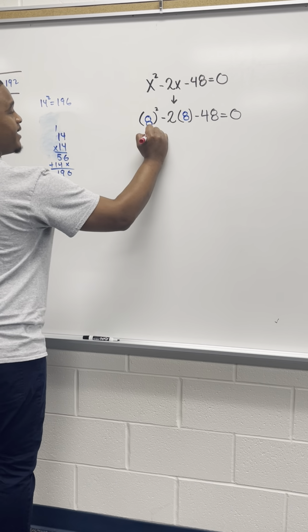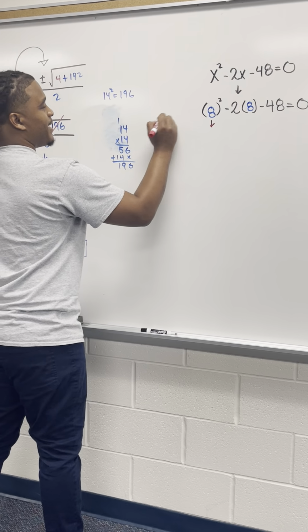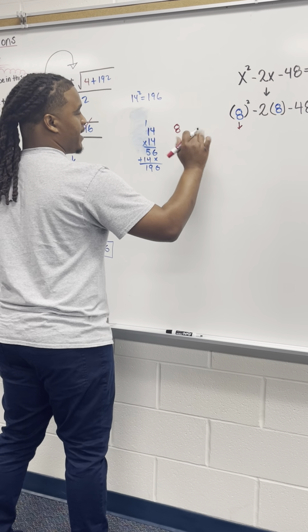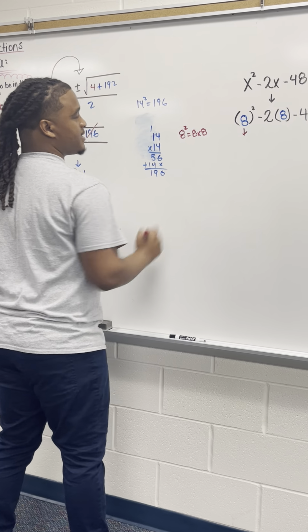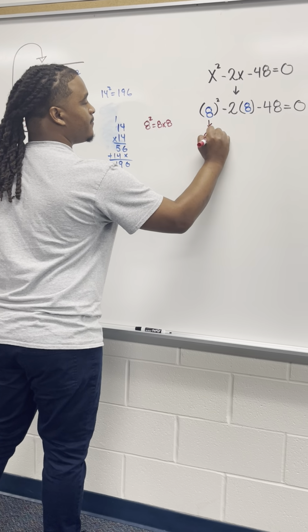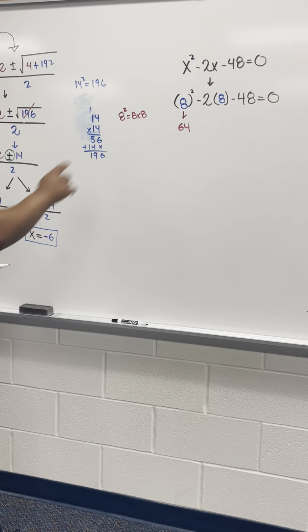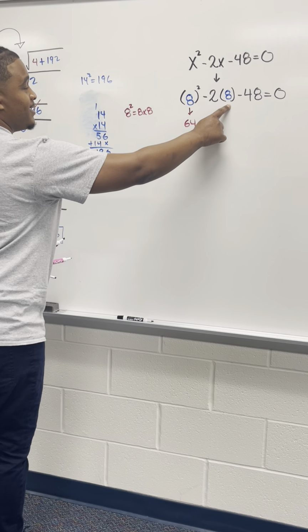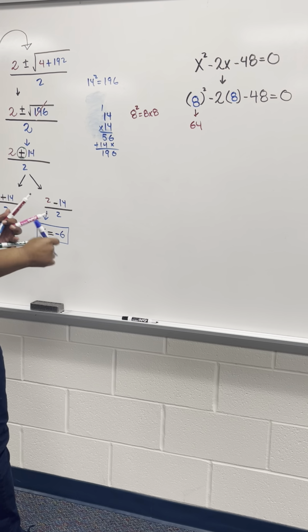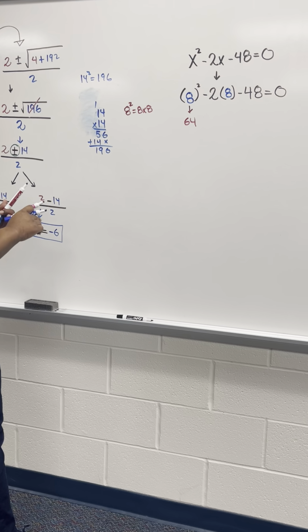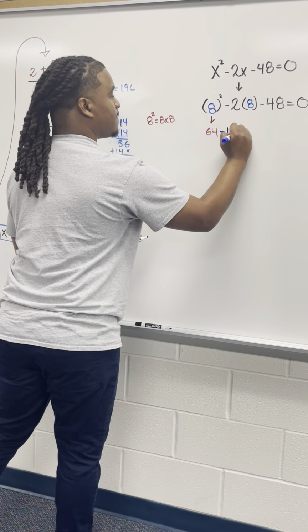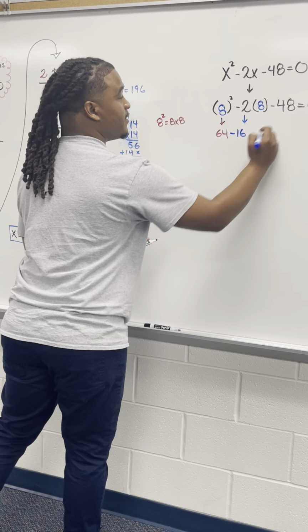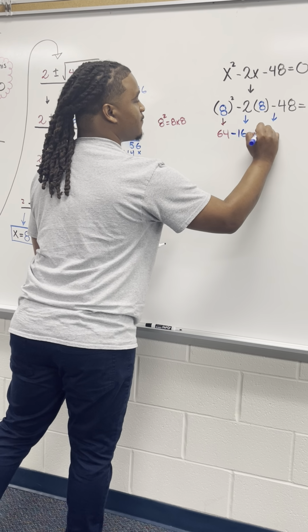Remember, 8 squared, my bad, not the square root, 8 squared is just 8 times 8, which is 64. A negative 2 times a positive 8 is a negative 16. And then of course I just bring down the minus 48.